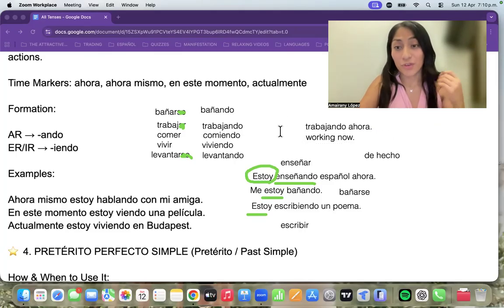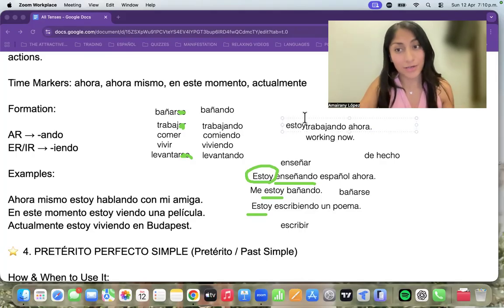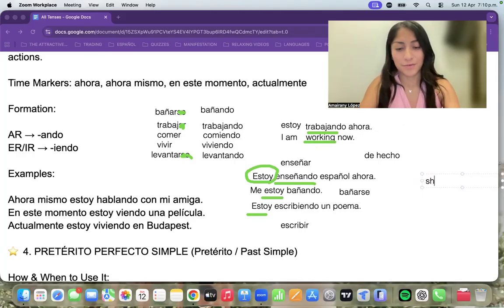But if you want to specify who's doing the action, you would say estoy trabajando ahora, right? I am working now. So what I'm saying here is that sometimes not giving any context is not going to work, okay? You need to give some context. For example, if you just say showering now, that would also be like, what? So you need to add context, okay?